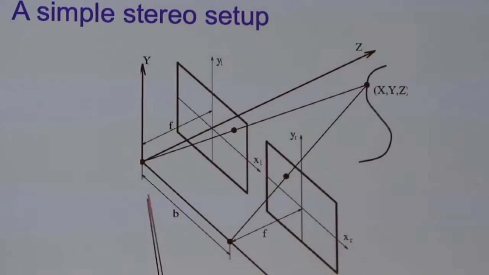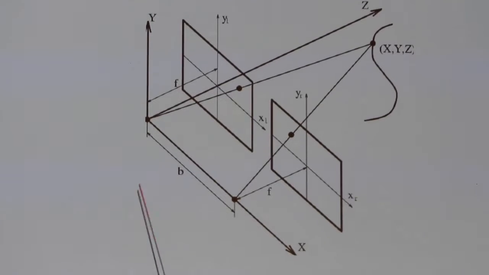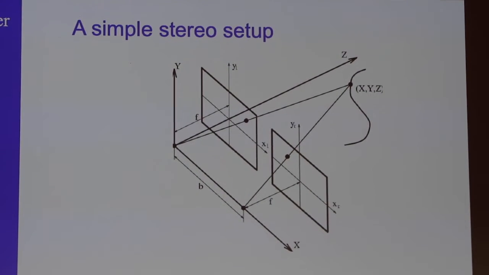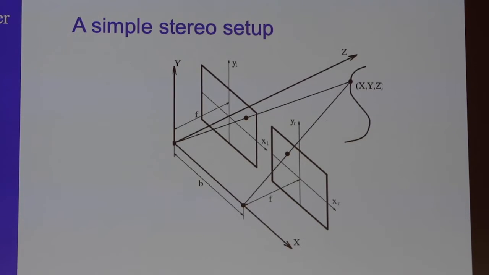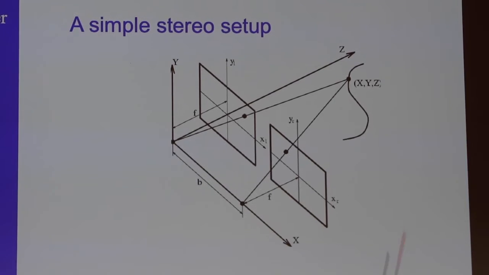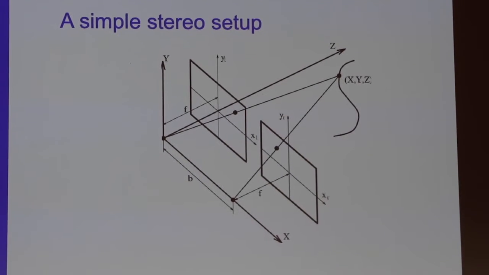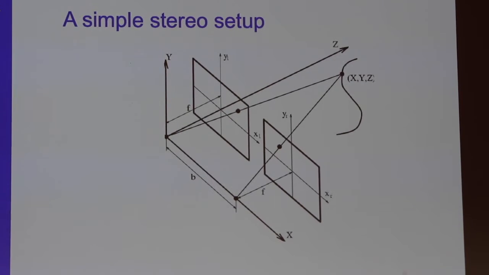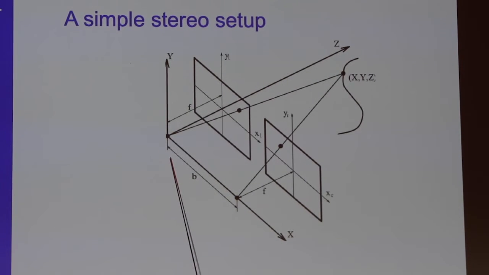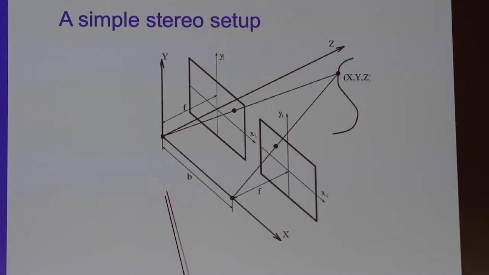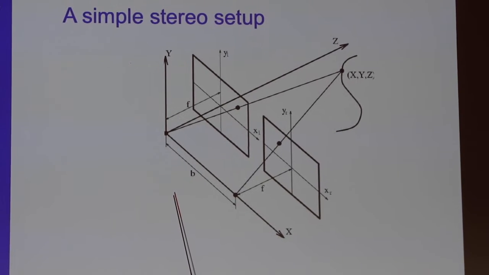Here are the axes, capital X, capital Y, and capital Z. These are the axes in terms of which the coordinates of this point X, Y, Z are expressed. And we assume, without loss of generality actually, that the world coordinate system is fixed to the left camera. So the origin is at the center of projection of the left camera, and also the X and the Y axes are parallel to rows and columns of that camera.